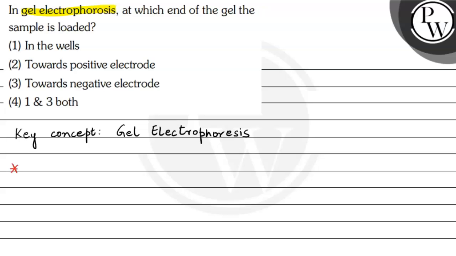So gel electrophoresis एक ऐसा टेक्निक है जिससे we can separate DNA. So basically gel electrophoresis is used for the separation of DNA fragments. Now it is based upon the principle of the size or charge of the DNA.